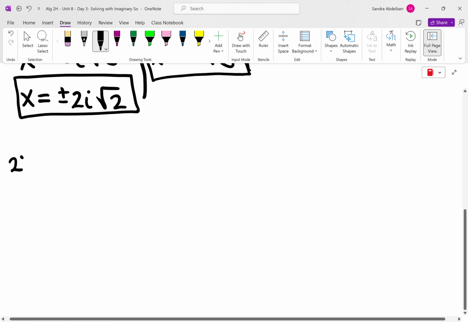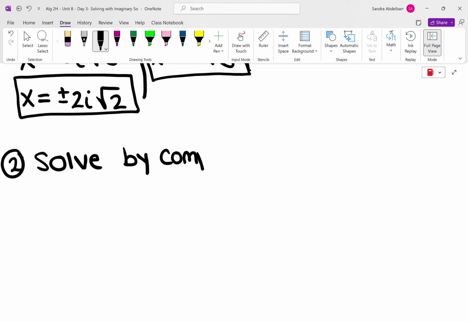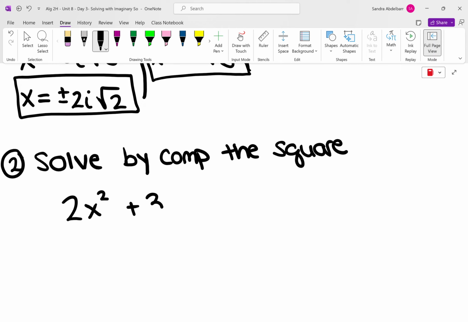This next one, I want us to solve by completing the square. We're going to have 2x squared plus 3x plus 3 is equal to 0.